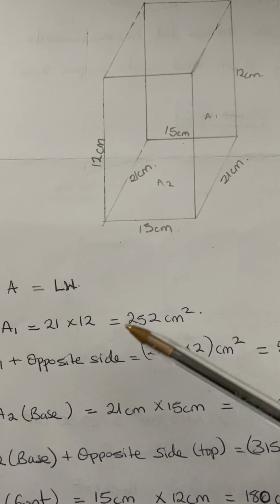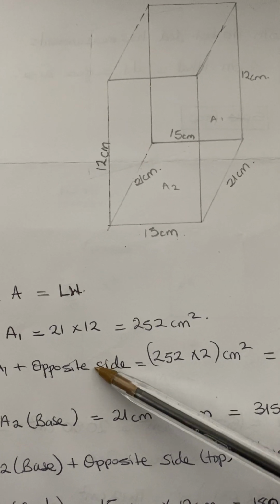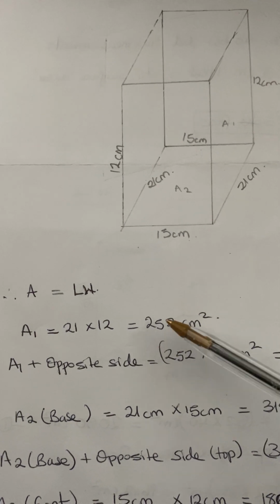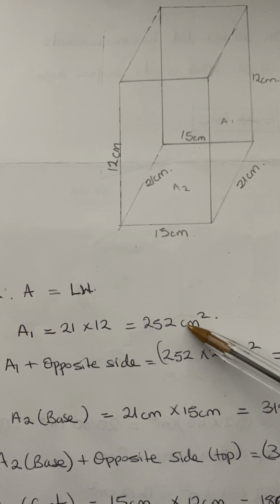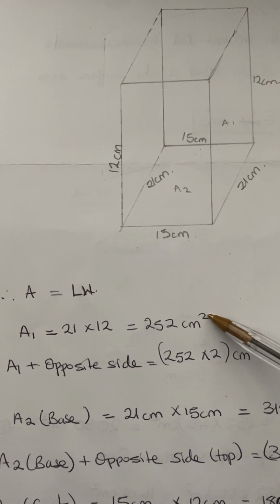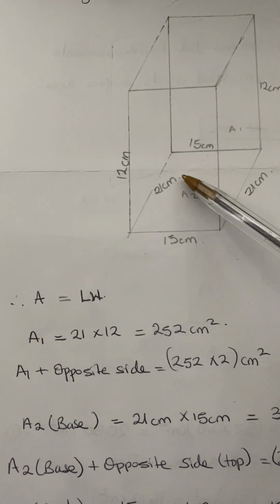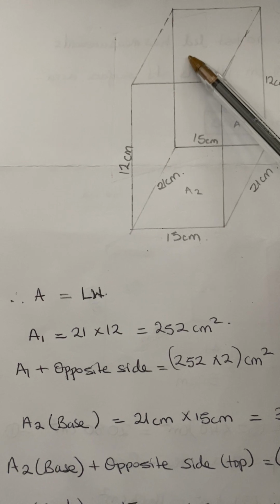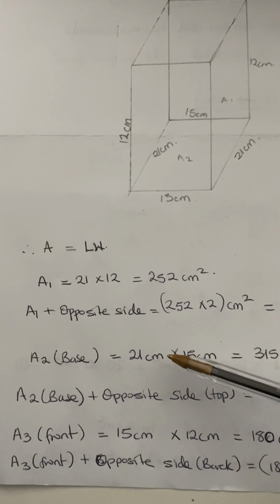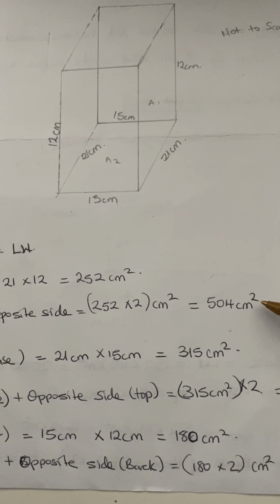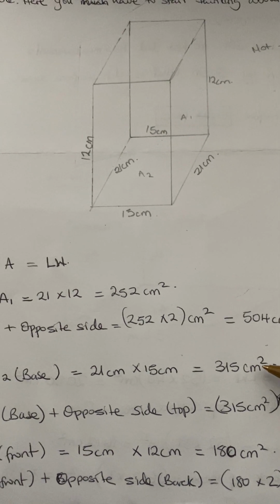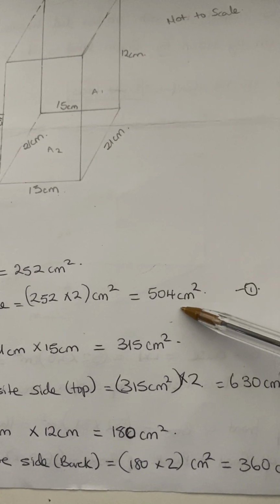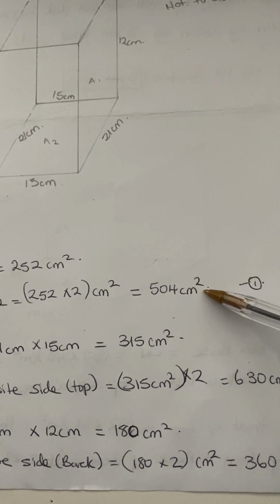If I multiply together, it is 252 centimeters squared. I've gotten this side and this bit here, so I'll multiply by 2, and then I have 504 centimeters squared.